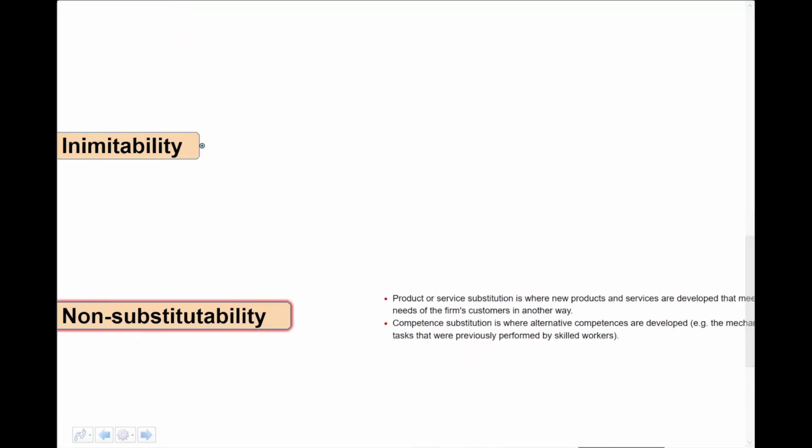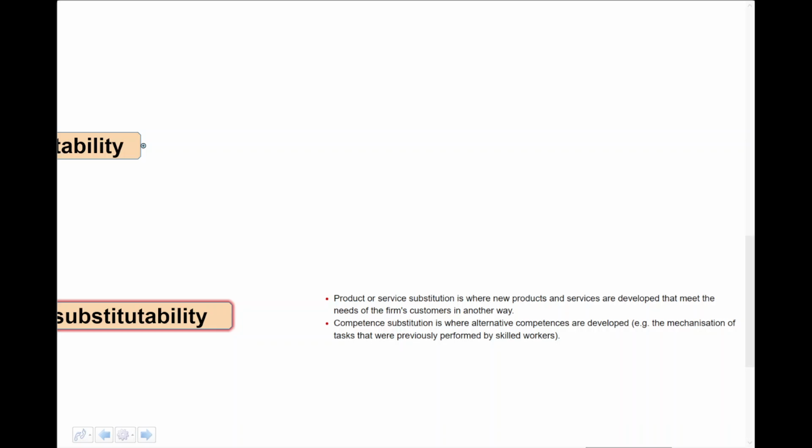So what do we mean by that? Similar to the above, product or service substitution is where our product or our service is easily usurped or possibly replaced by some form of substitute. In other words, it may well not be a competitor's product, but it's something that meets the same need of customers.